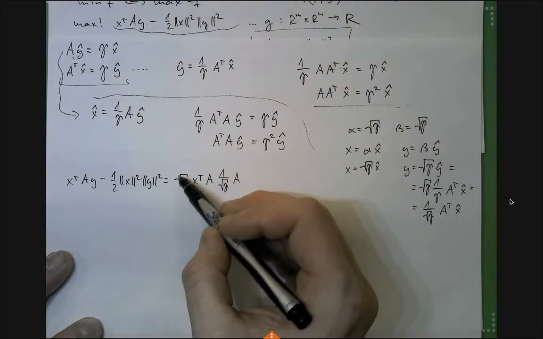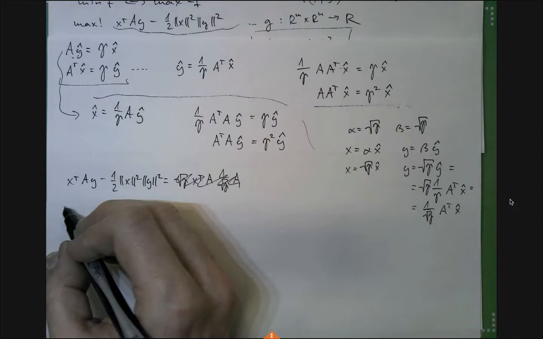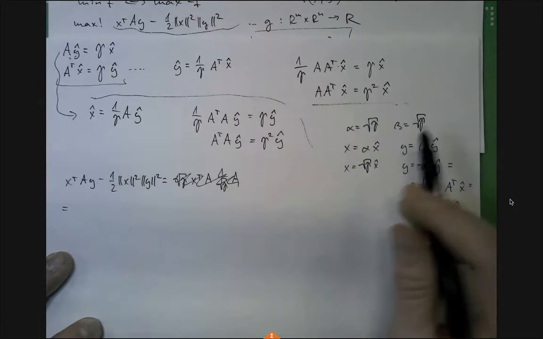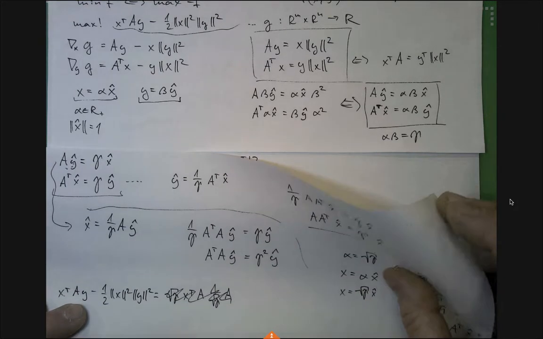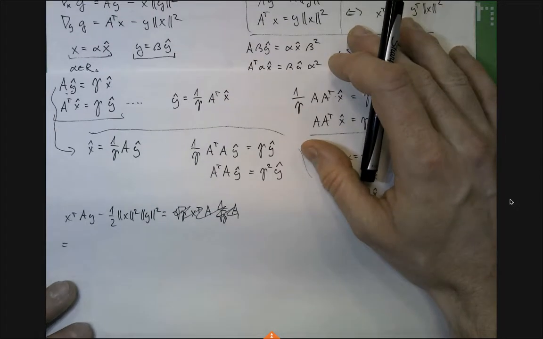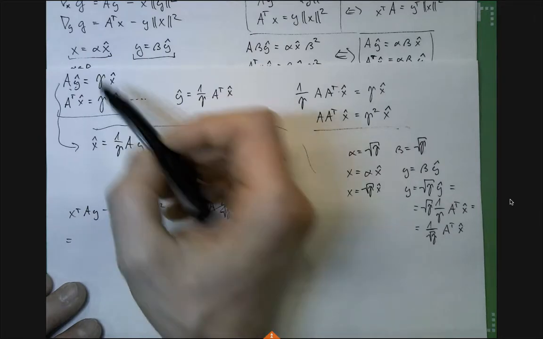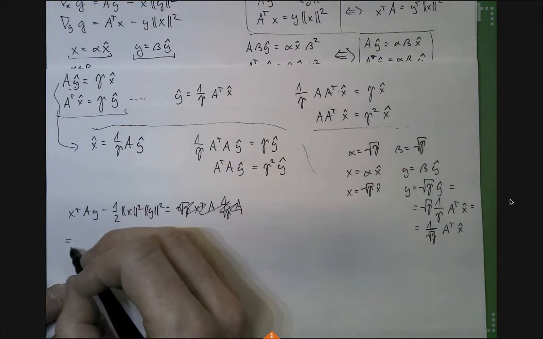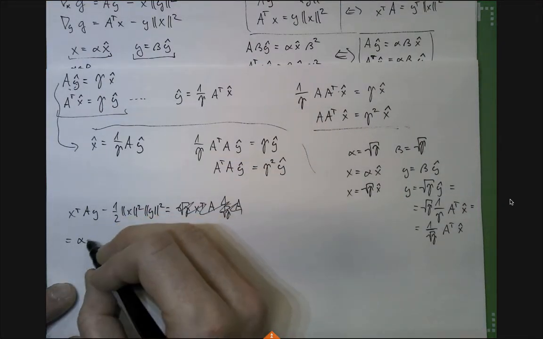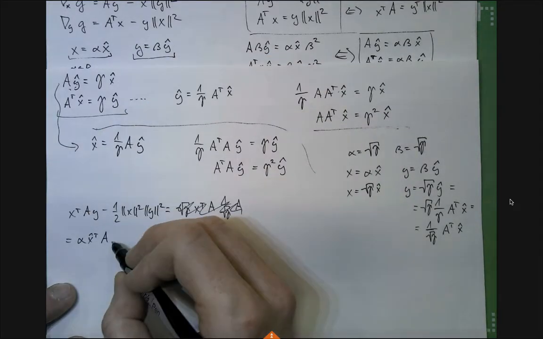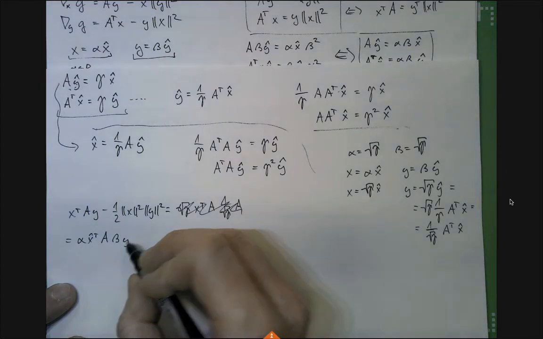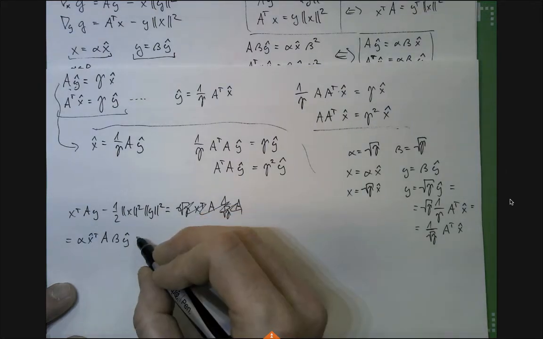I think I need to think about this differently. What I plug in here is the substitution. Where is that? Here. So my x is alpha x hat. Let's try that way. That's going to be alpha x hat transposed A, and y is beta y hat, minus 1/2.